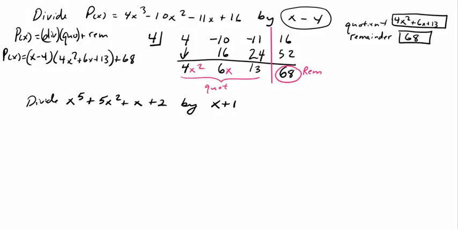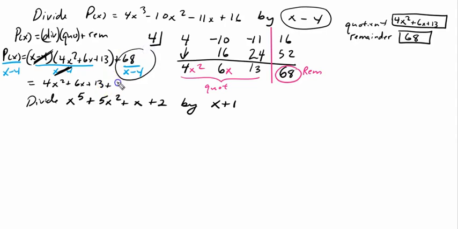But there is another way we can write this. If we divide p of x by what it was divided by, x minus 4, well, I can do that on the left-hand side. I just have to do it to every term on the right-hand side. And then I have some cancellation here. And so I'm left with my quotient, and then this fraction, and there's no reducing that fraction.